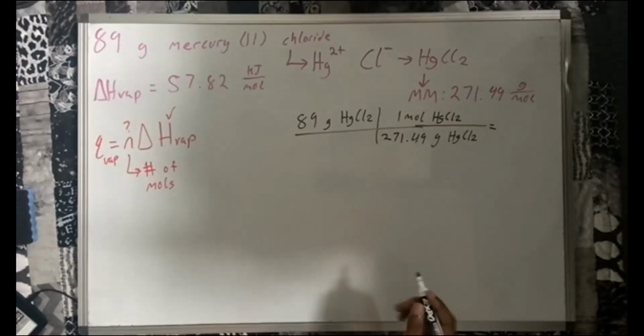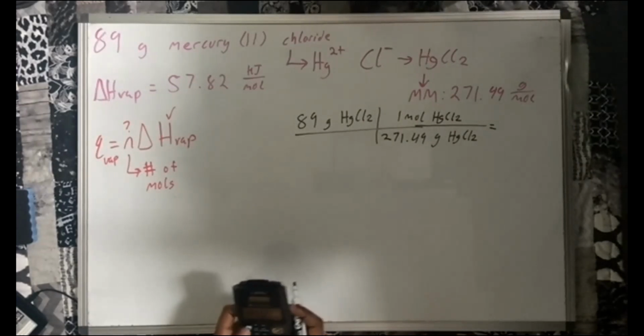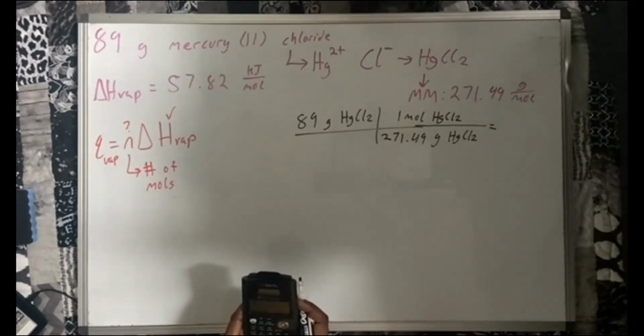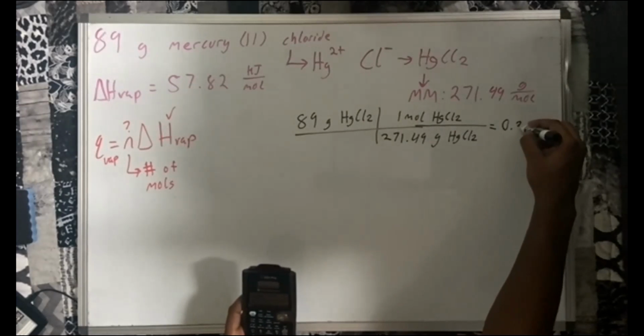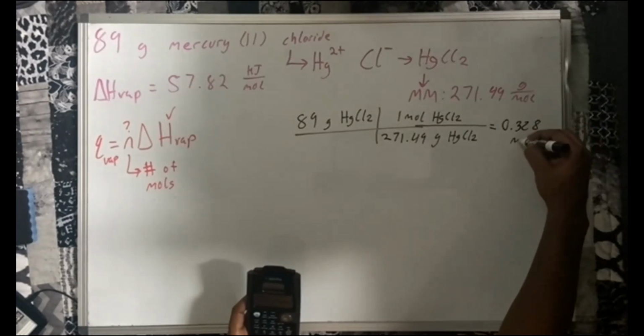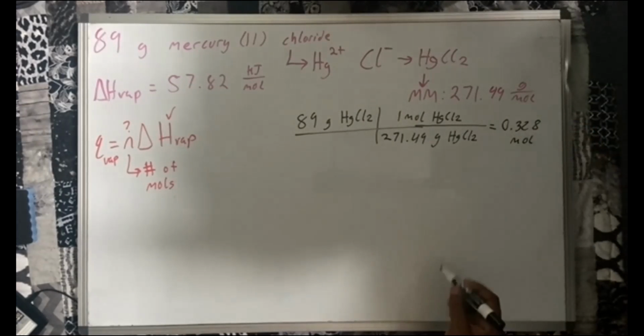So that means I have 0.328 moles. Okay, so we got our n, have our delta H, so now we can get Q.